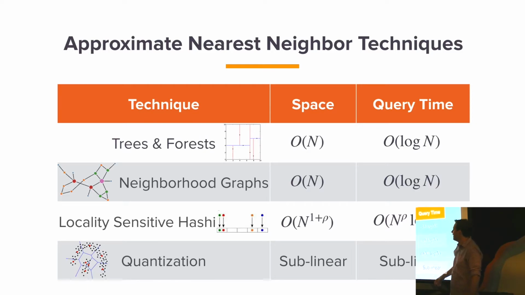A few other common techniques are neighborhood graphs. These are getting a lot of attention because they're really fast and really accurate. But we have to store all of the vectors, right? Locality-sensitive hashing is another technique that got really popular about 5 years ago. But it still needs to store quite a bit of data, and its query time, while good asymptotically, is not good in practice.